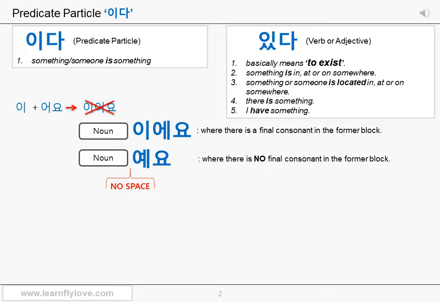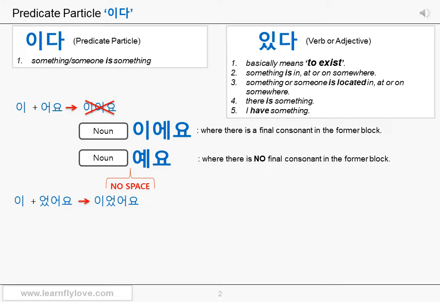예요 is actually a contracted form of 이에요, which means they are basically the same, but this is grammar, so you need to follow the rule. Because 이다 is a predicate particle, it has two forms, depending on the existence of a final consonant in the formal block, just like some of the particles you've learned. The past tense form is slightly easy to remember because the original form is still used.